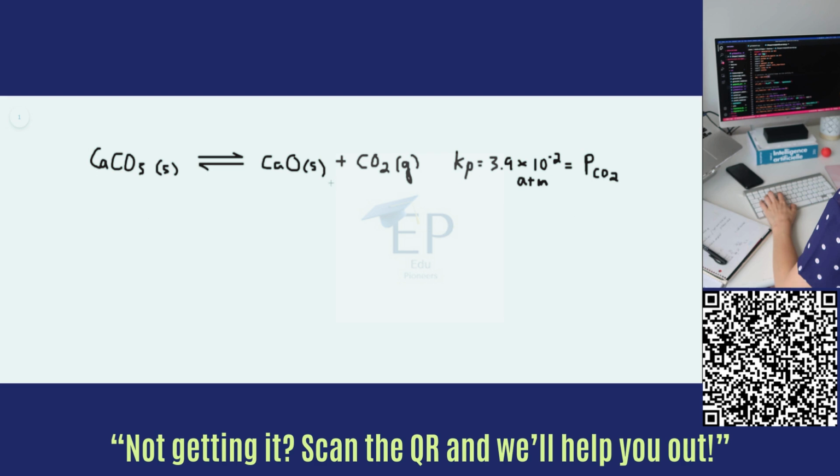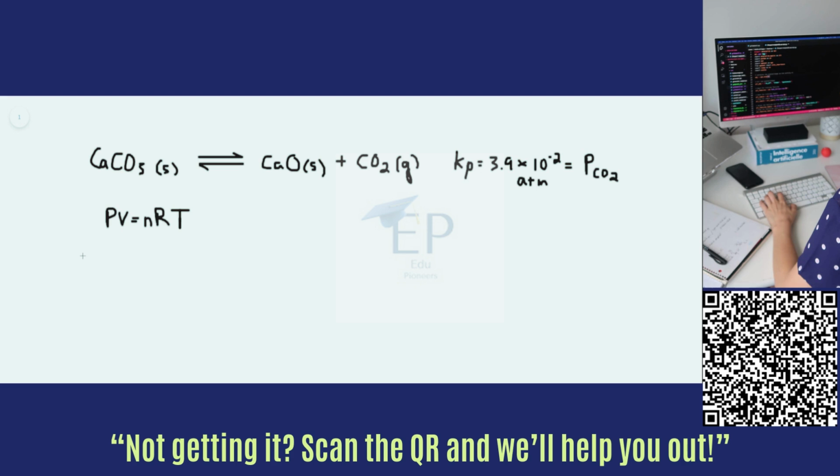Now from this, we want to figure out how much CaO is produced. We need to figure out how many moles of CO2 produced if this is its partial pressure. We can do that using the ideal gas law, PV equals nRT, and we're going to solve for the number of moles n here.